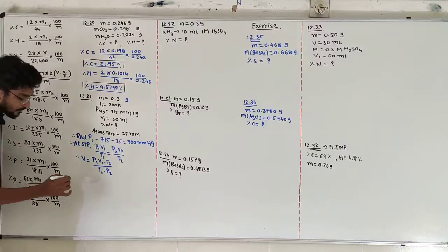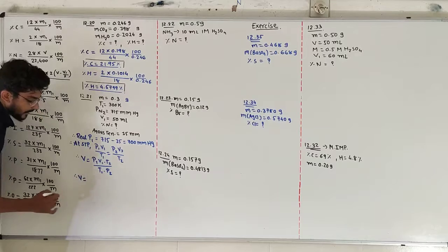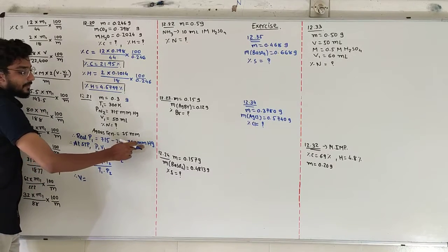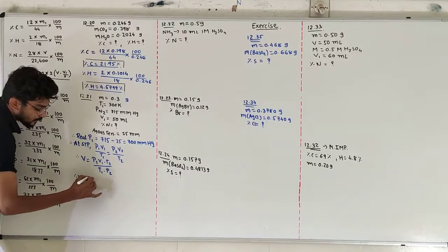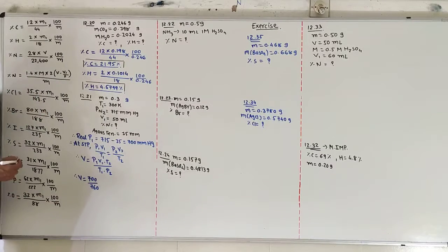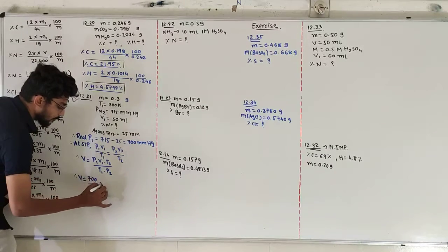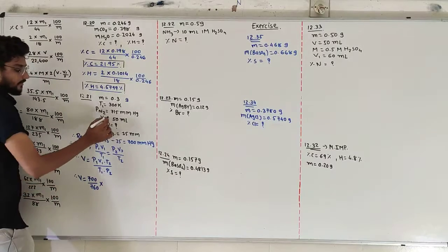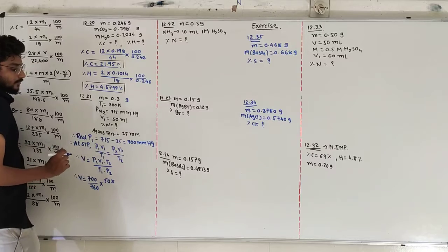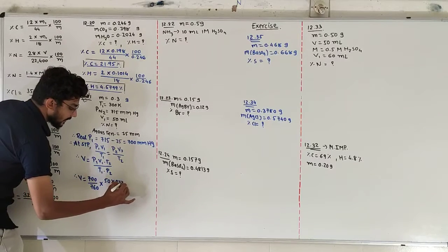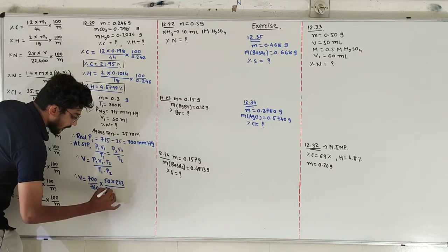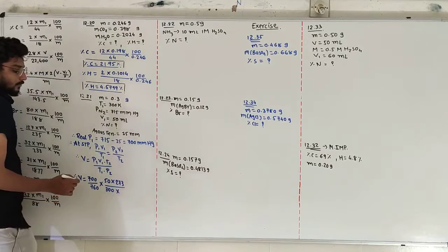Let's put down the values. So V will be equal to P1, 700, but it is in mmHg, we have to convert it into bar. So 700 divided by 760, converted into bar, into V1, which is 50 ml, into T2, which is 273 Kelvin, divided by T1, which is 300 Kelvin, into P2.